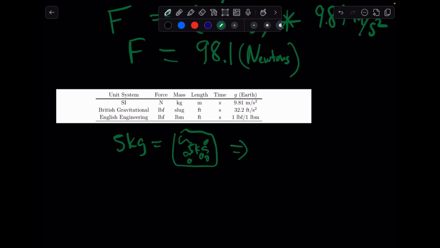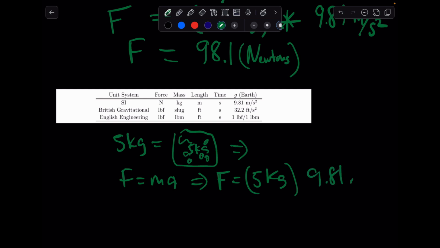So we would say the force equals ma. We always go back to our equation, okay? So force is equal to 5 kilograms times the acceleration on Earth, 9.81 meters per second squared. And then we multiply this, and it gives us about 49 newtons of force.